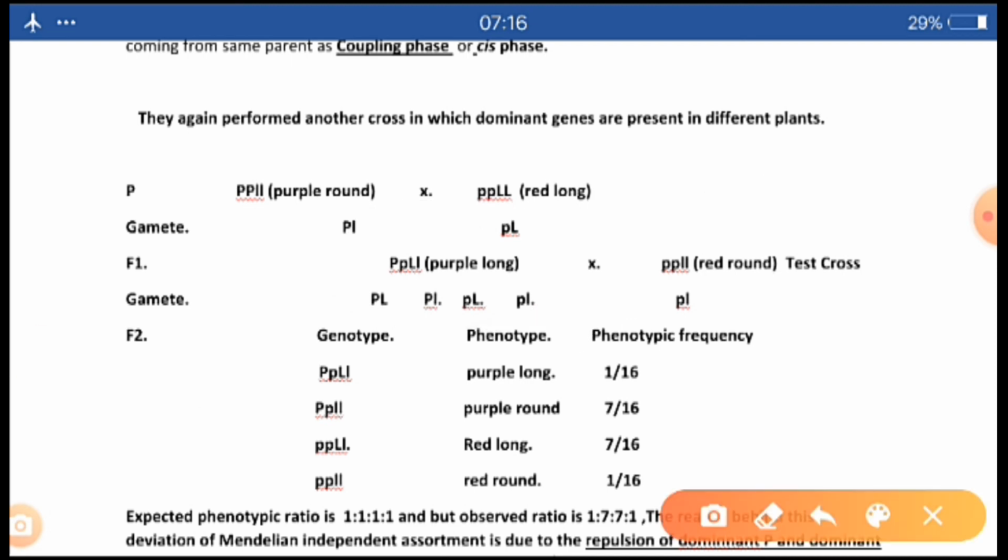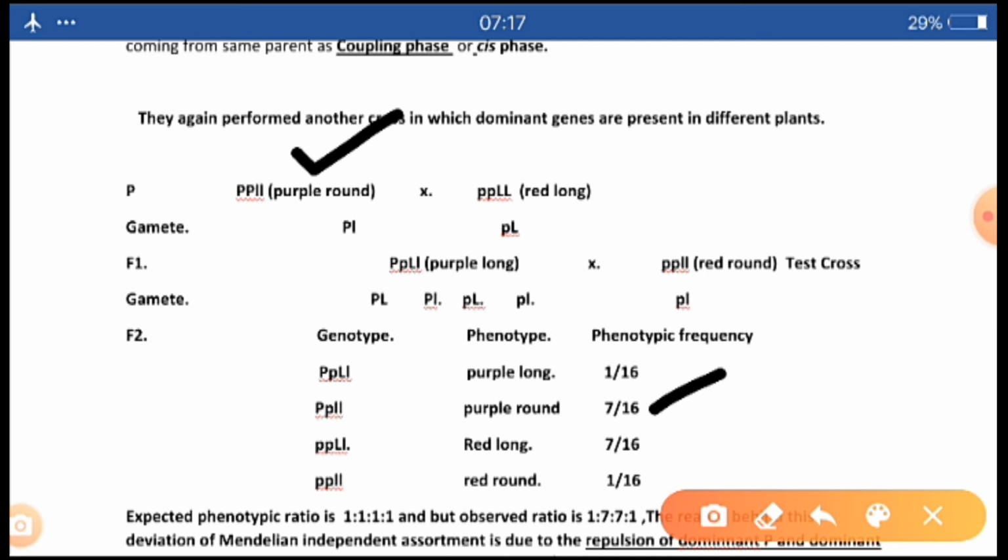Okay, look at the figure or look at the table or observe the F2 results. Okay, this one is a parental character, purple round 7.